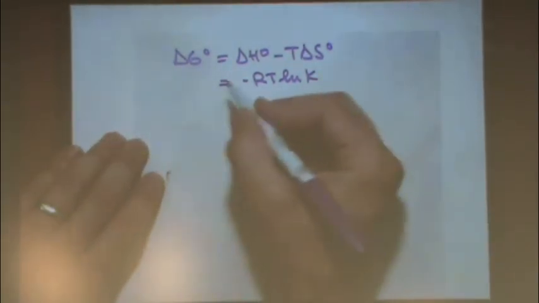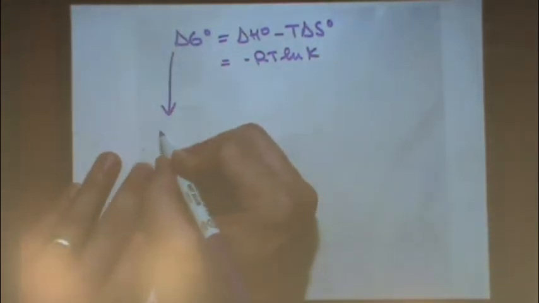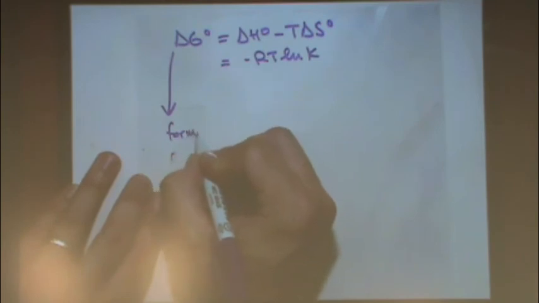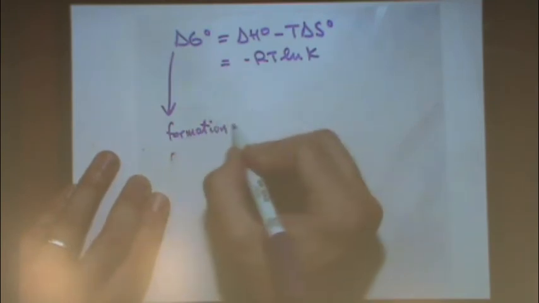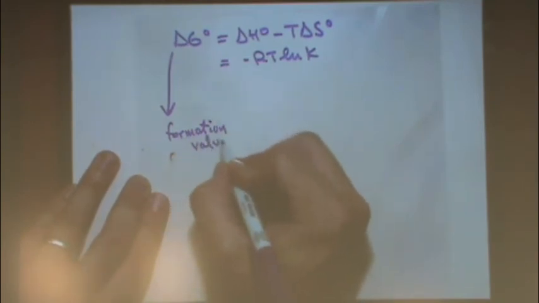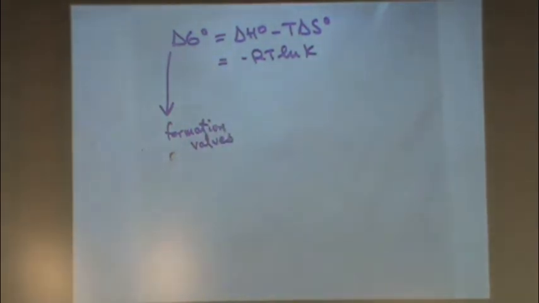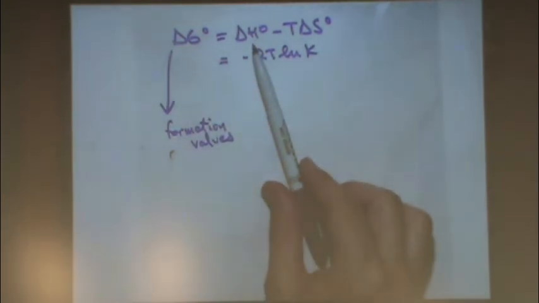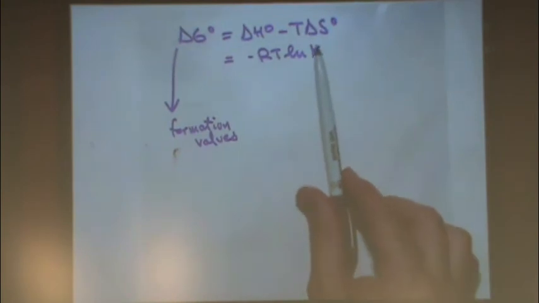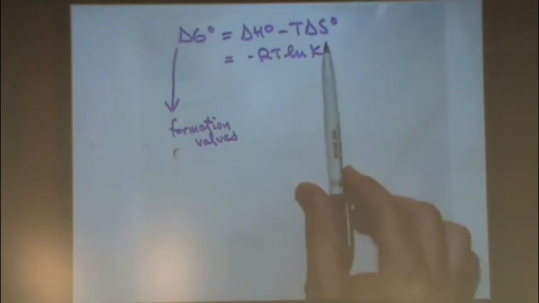Another set of problems, especially with this top equation up here, is the formation value, where you go products minus reactants. We could give you the formation values for delta G, and you go products minus reactants to get delta G. We do that for delta H, and we can do that for delta S, though they're not called formation values in that case. You just do products minus reactants.